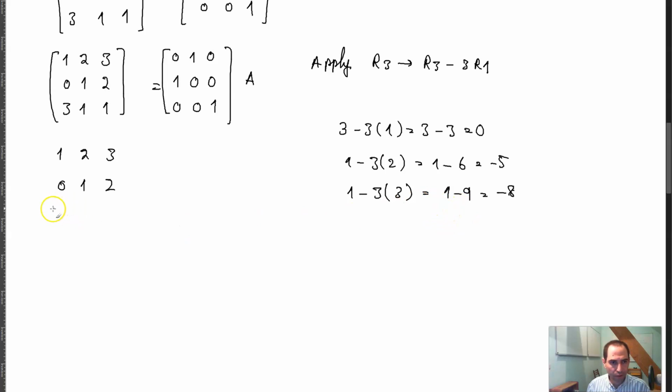So that is 0, negative 5, and negative 8.